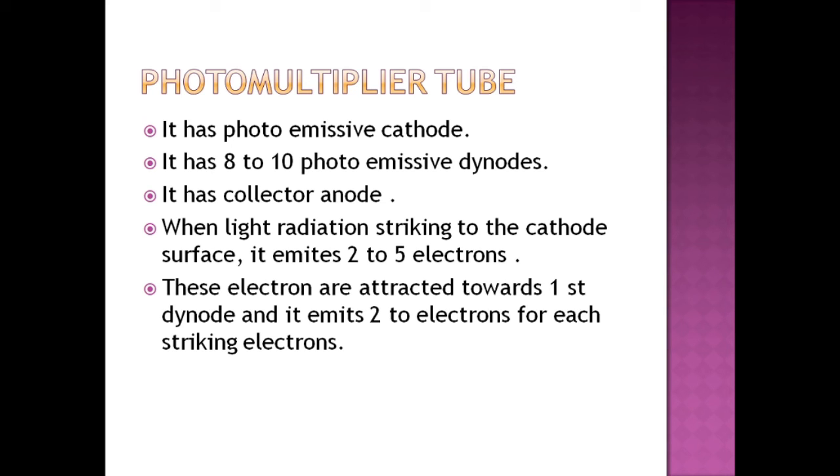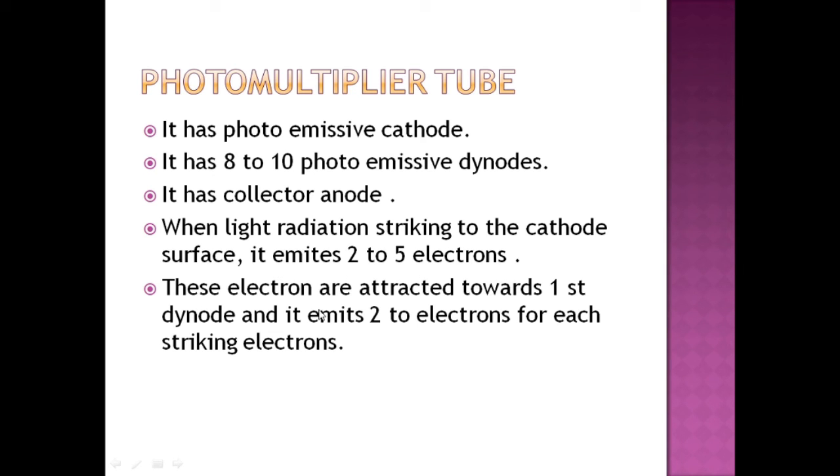This is the overall construction of the photomultiplier tube. It has a photoemissive cathode, 8 to 10 photoemissive diodes, and a collector anode. When light radiation strikes the cathode surface, it emits 2 to 5 electrons.